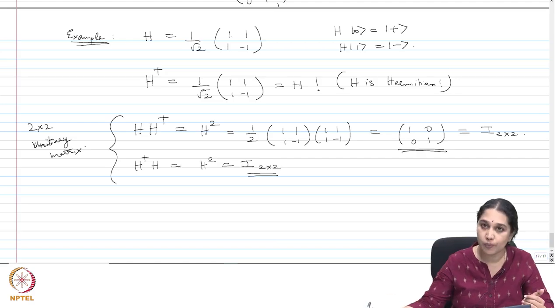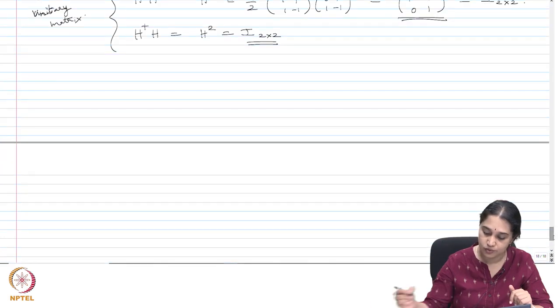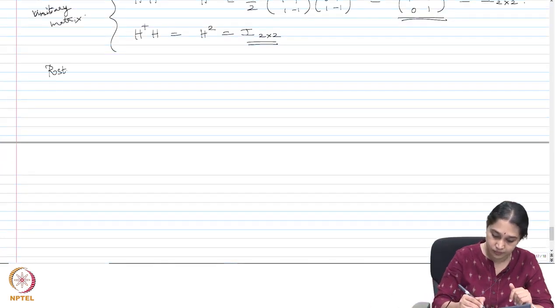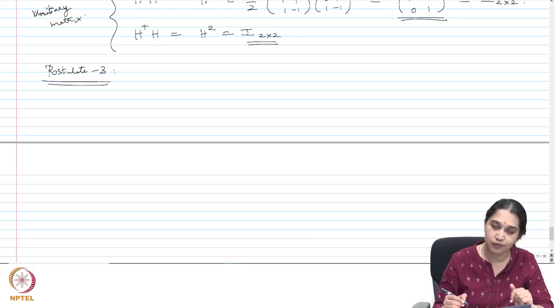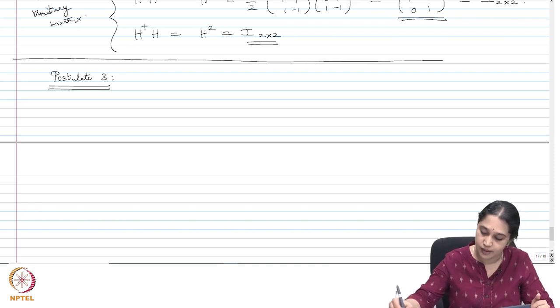So why are unitary operators important in the context of quantum theory? And that brings us to postulate 3. This is the postulate about time evolution. So how do quantum systems evolve with time?